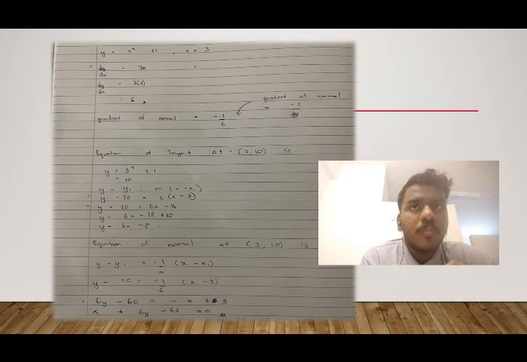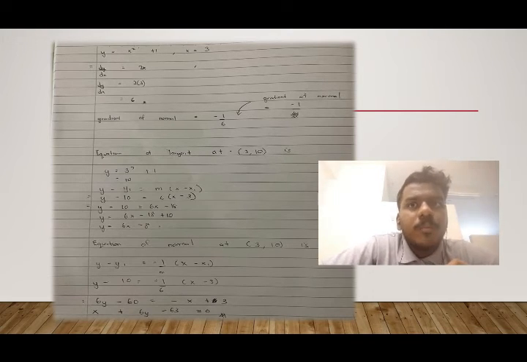For the gradient of the normal, we use -1 over 6, because the formula is -1 over dy over dx. Okay, with the point we can proceed to the equation of the tangent at point 3 and 10. So the formula will be y minus y1 equal m bracket x minus x1.